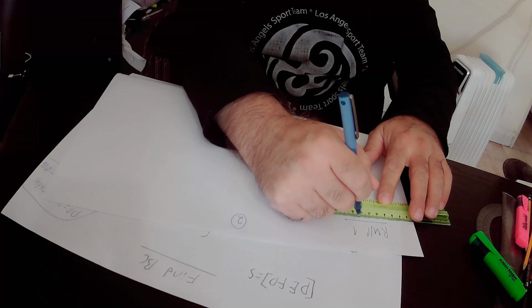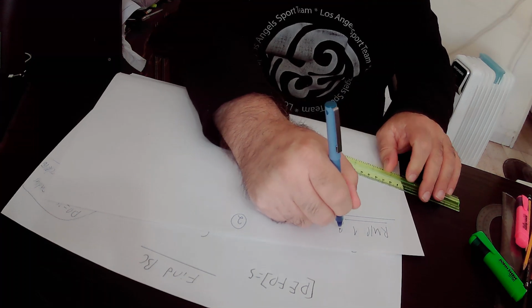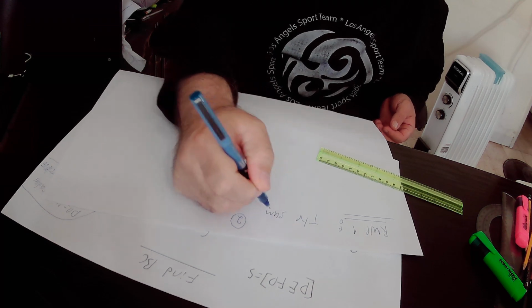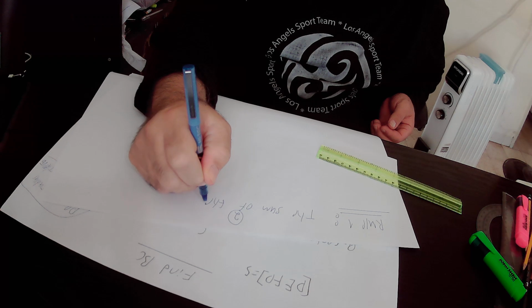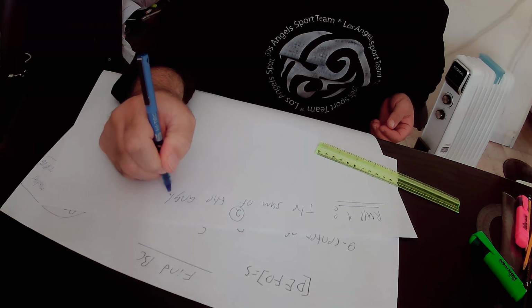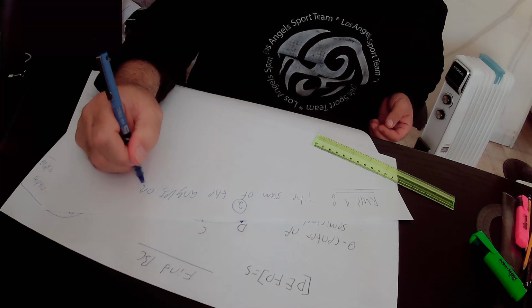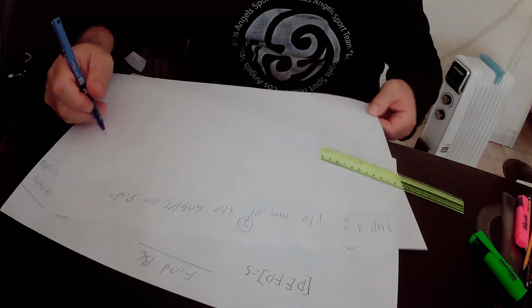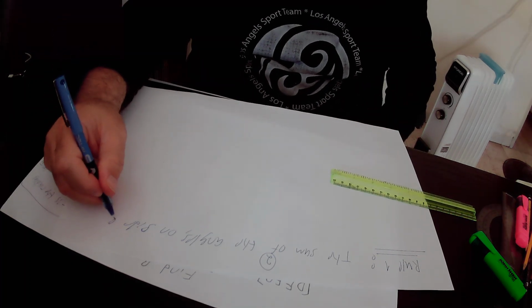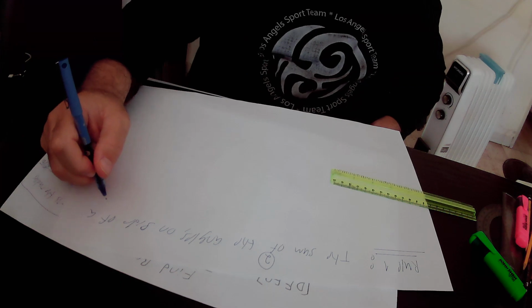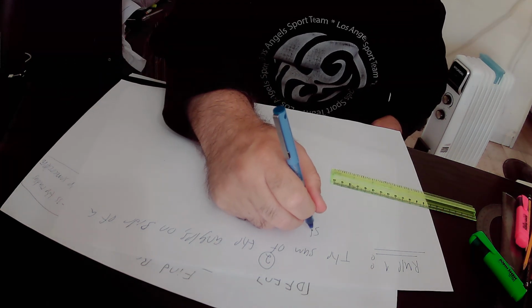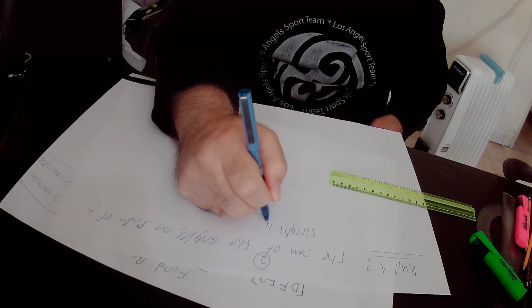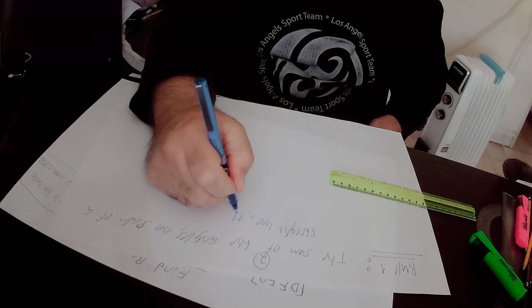According to rule number 1, the sum of the angles on one side of a straight line is equal to 180 degrees.